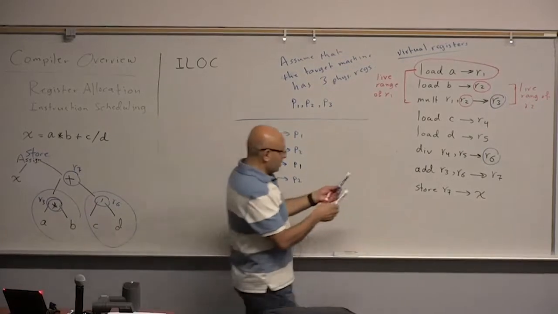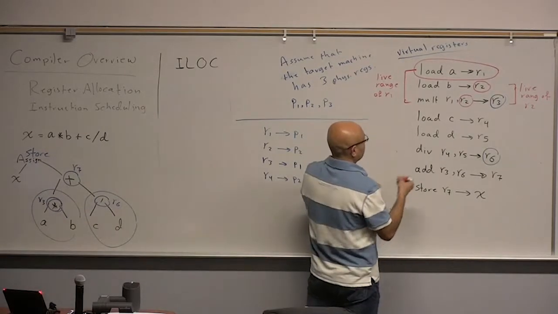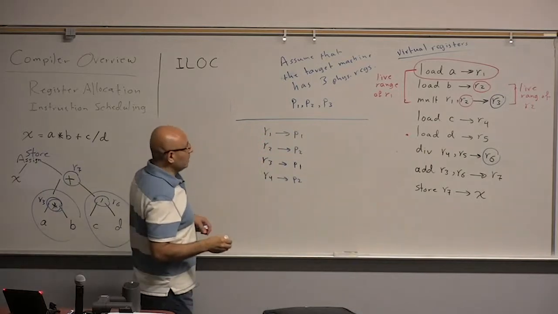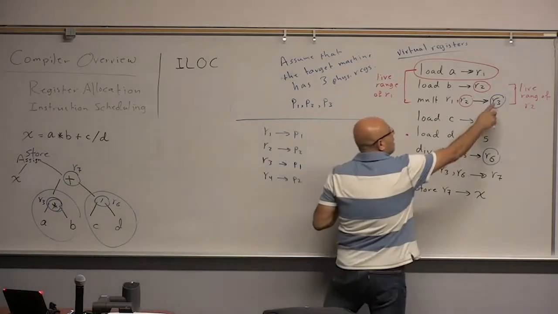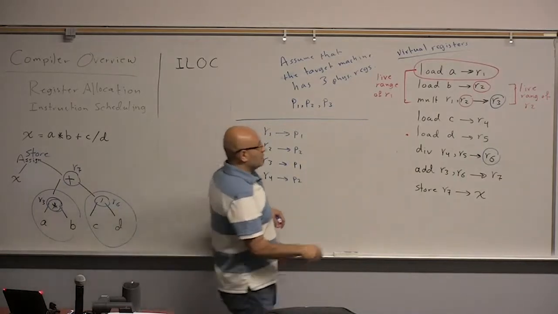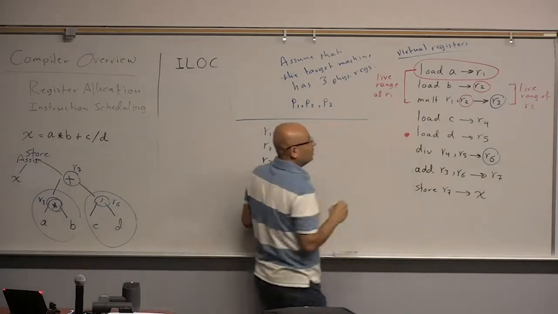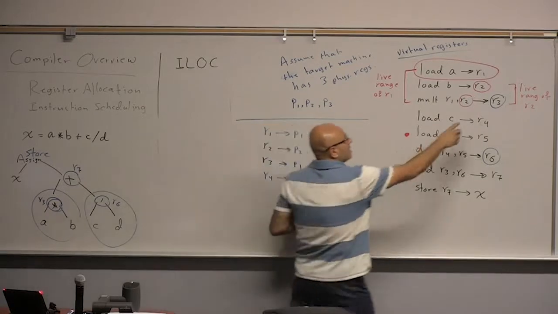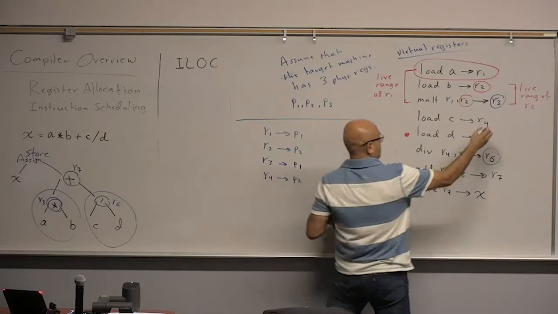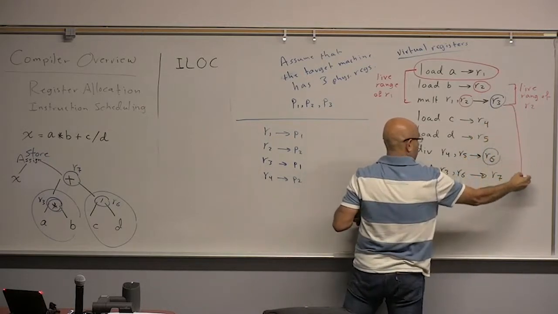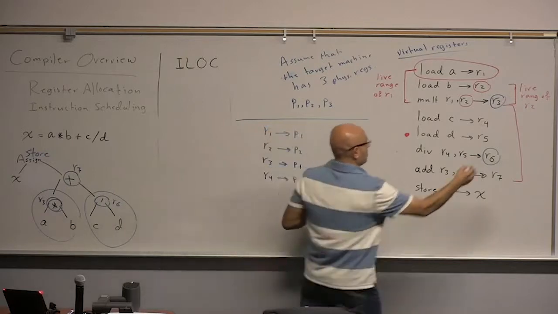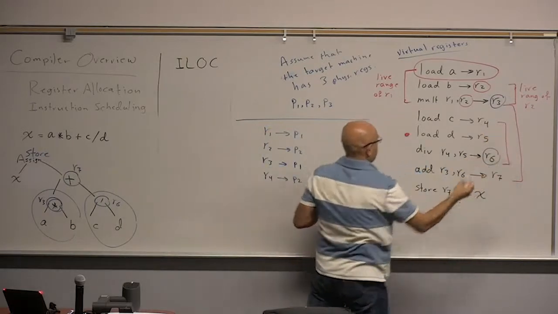Because at this point, we have registers R3 and R4, and both of them are live. When we get to this point, R3 is live because it got defined here and it's used here. So this is the live range of R3, and the live range of R4 is this.